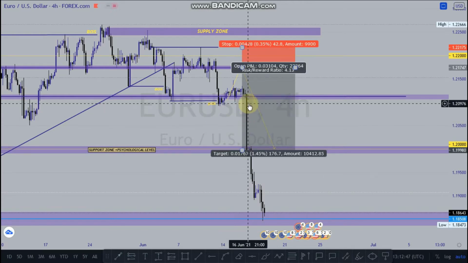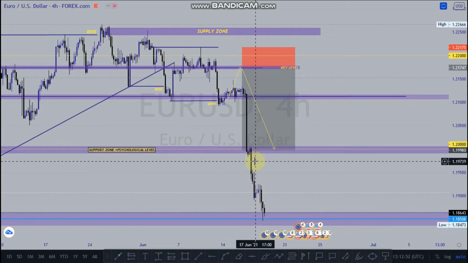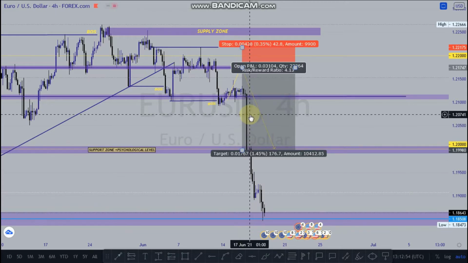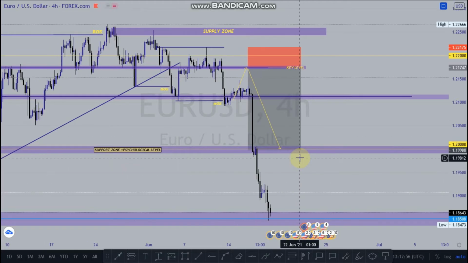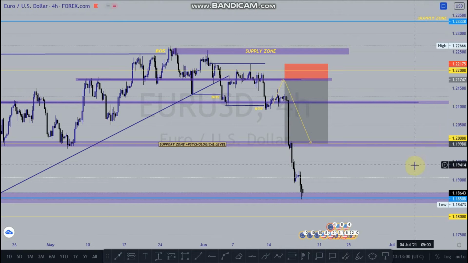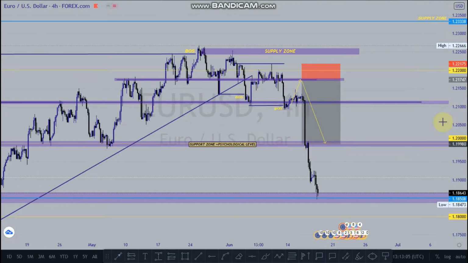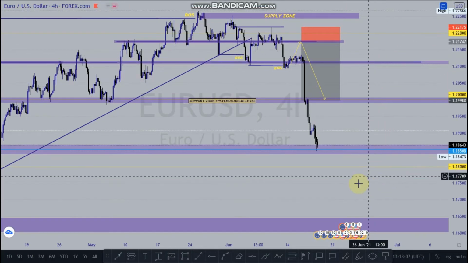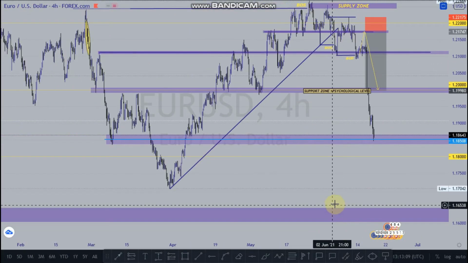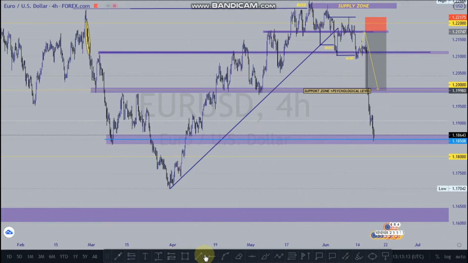This candle is very huge, and price has to come and fill this selling pressure. So this week we might be going long on Euro USD, or price could continue going down to get to this region, this 1.17 level here.